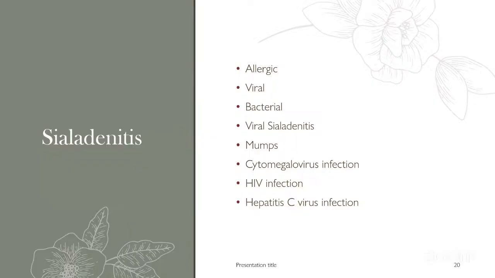Viral sialadenitis includes conditions like mumps, cytomegalovirus infection, HIV, hepatitis C virus infection. Here, the important point to note is that in bacterial sialadenitis, we see pus discharge from the ductal orifice, whereas in viral sialadenitis, there is no pus discharge from the ductal orifice. This is one important clinical feature.